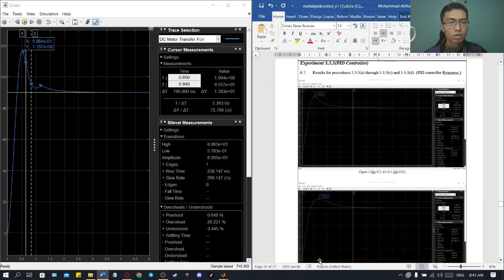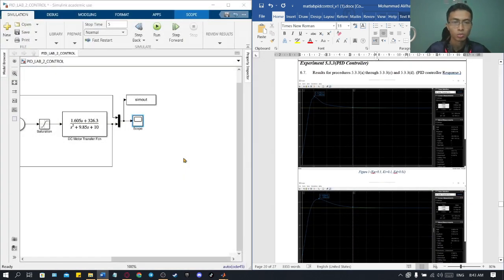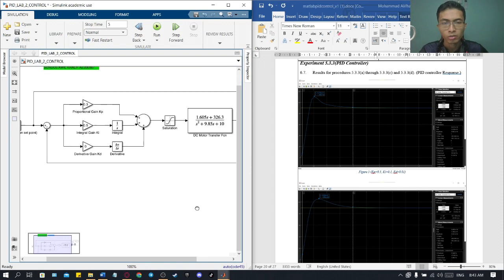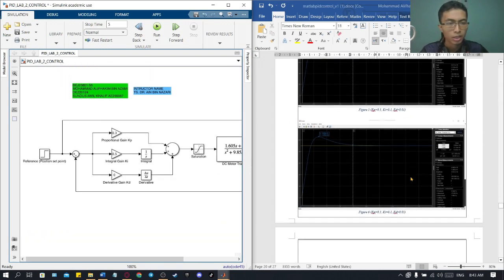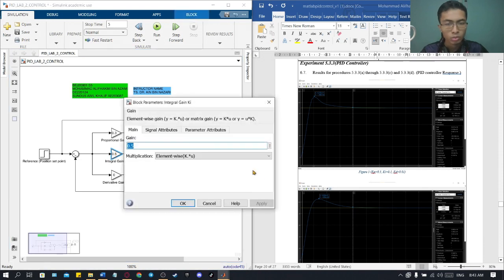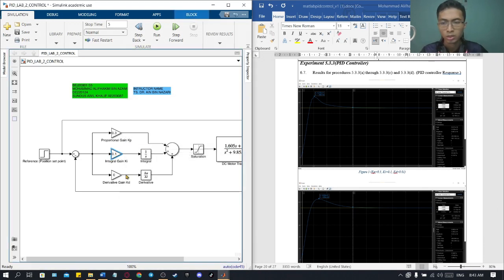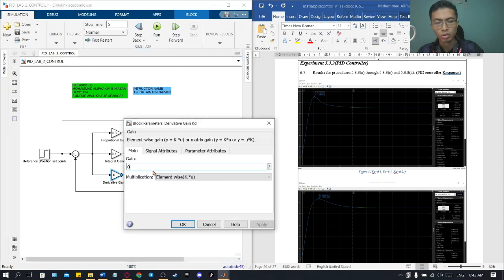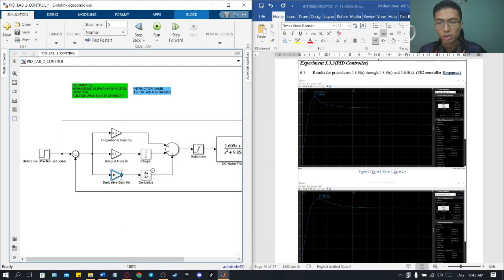Okay, so we continue forward to the PID controller, where we add the derivative gain. So we reset back to integral gain 0.1 while our derivative gain is 0.01, which is much smaller. So you can see here K, but you can drag it, I believe.